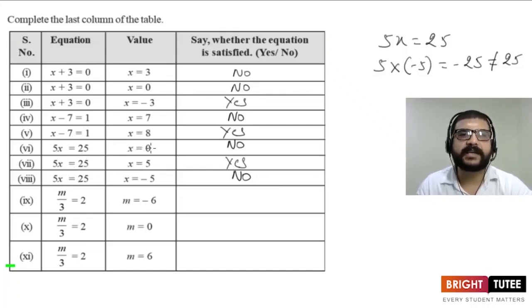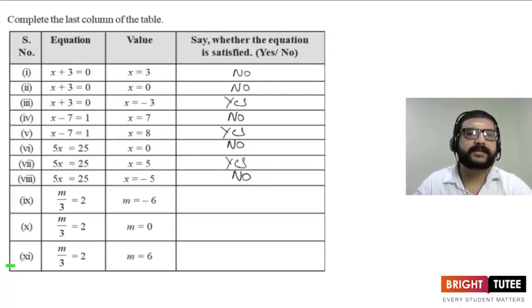We checked it for 3 different values of x, but only one of the values was satisfying the given equation. So therefore can we conclude that a linear equation or a simple equation will always have one solution, or it will have only one value of x which will satisfy the equation? Yes, it is true. Let's see a few more examples.